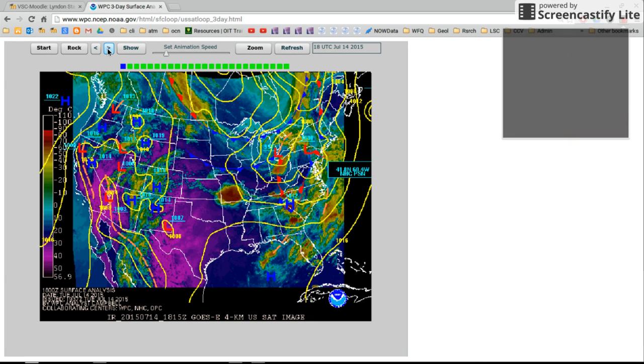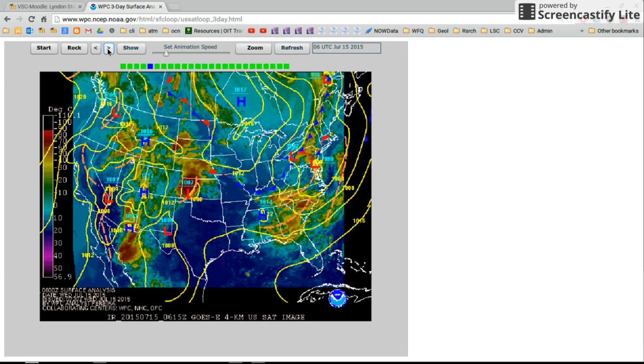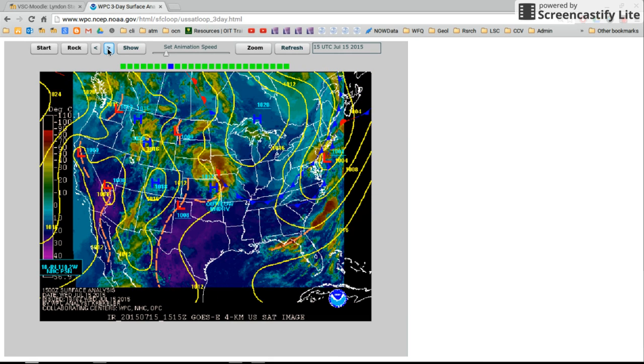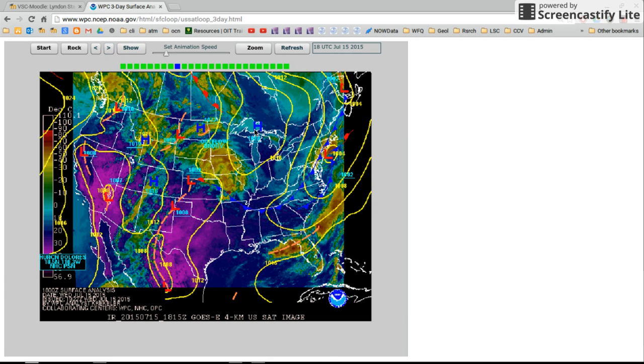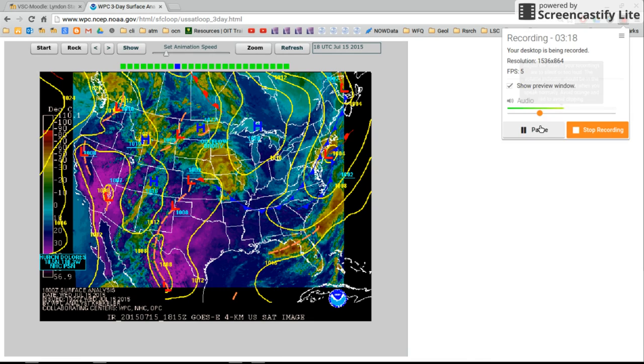As I scroll forward, you'll notice this high pressure system moving in towards the Great Lakes. You'll also notice there's more blue on the imagery, which indicates clear conditions. The reddish areas near the low pressure systems represent cloud and areas of precipitation.